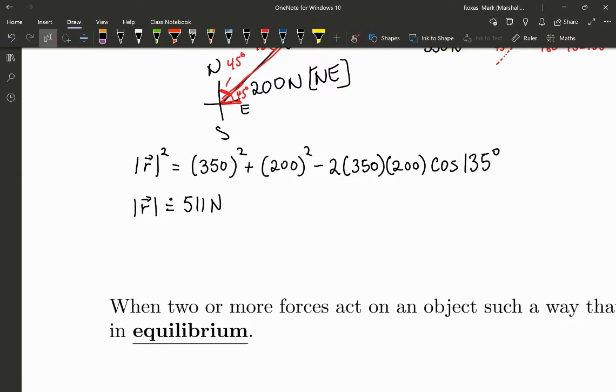So sine law says, if you have the sine of an angle divided by the length of its opposite side, that ratio is equal to the other angles' ratios in that same triangle.